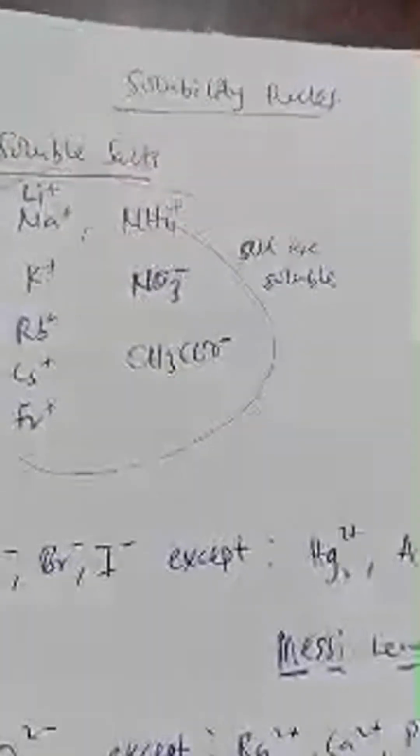Now, how do you get the exceptions for these? Most of these ions will be cations. When they combine with these cations, they are going to form what? Soluble salts, because over here we said that any salt containing any of these ions will be soluble.